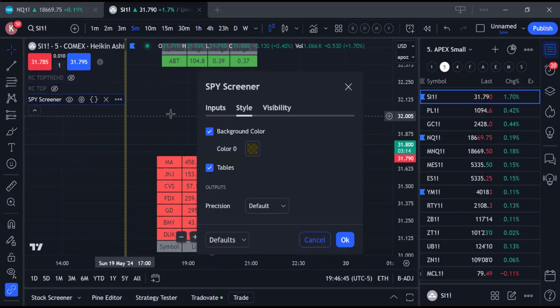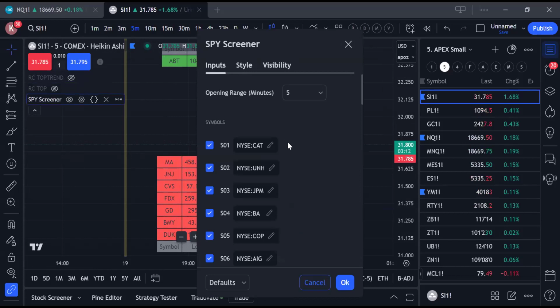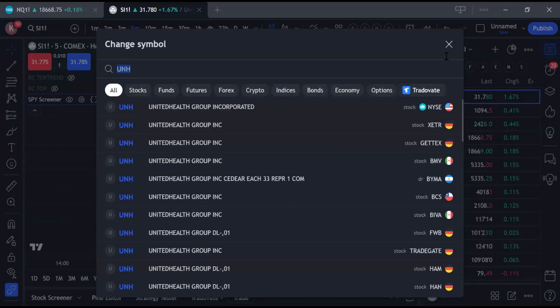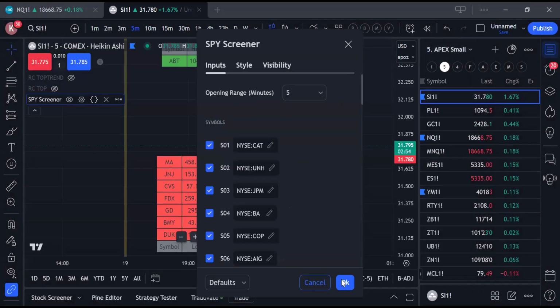If you see this indicator, you will have some different SPY stocks, like it can be JP Morgan, BA, or AIG, XOM, CVX, HT. You can write if you want, if you don't want to trade some United Health, you want some other stock, you can always click on this and you can select something else.